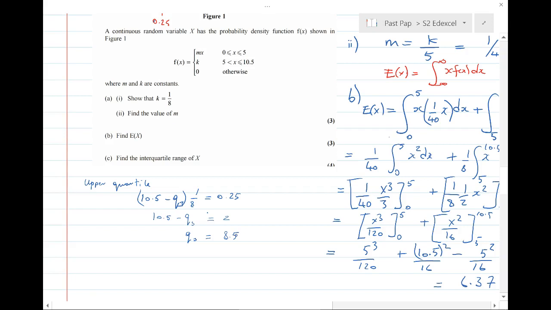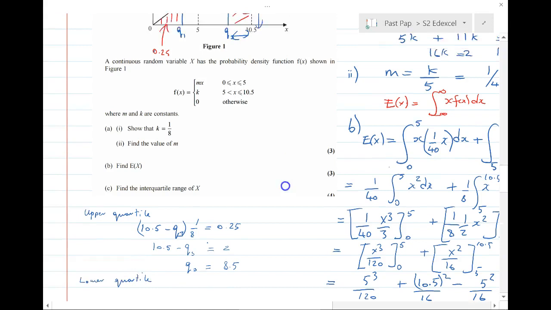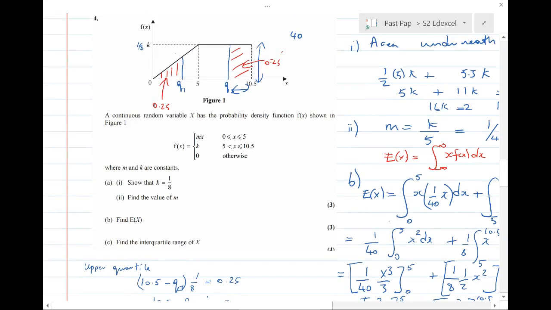I need to work out the lower quartile. Obviously I'm working with the straight line bit here. Because we've got the point Q1 here, and we know that m is 1/40, we know that this length here is 1/40 times Q1.